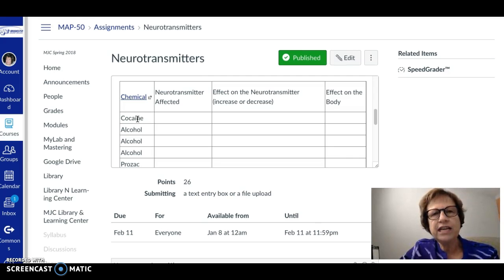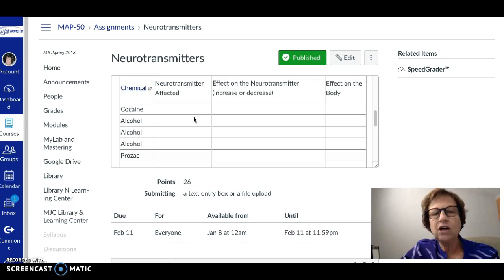The article that I've linked to will tell you the neurotransmitter that's affected. You're going to tell whether cocaine causes that neurotransmitter to increase or decrease. And then what effect does cocaine have on the body because of that neurotransmitter?